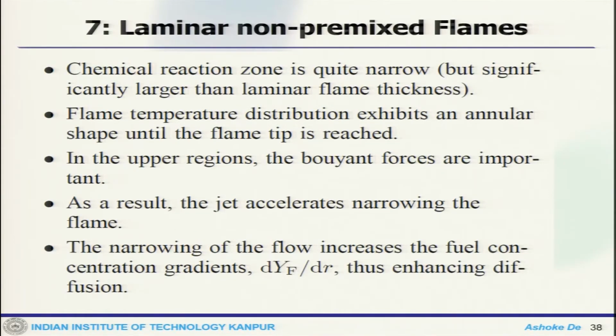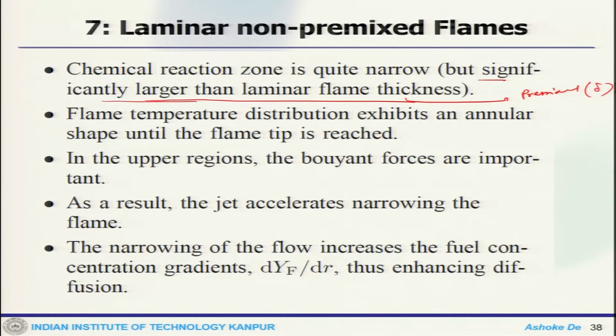Also, the zone of chemical reaction is quite narrow, but one can see that the laminar flame thickness is significantly larger than the premixed flame thickness, which is delta. Typically, the premixed flame thicknesses are quite small, and that creates some challenges for the modeler. But in the diffusion case, you get a bigger reaction zone.